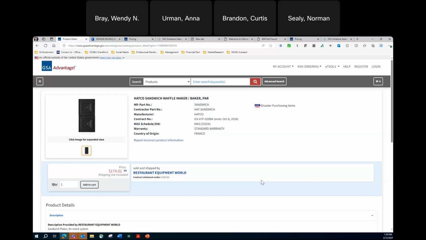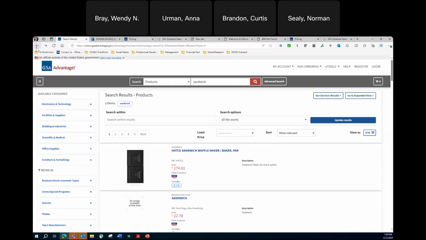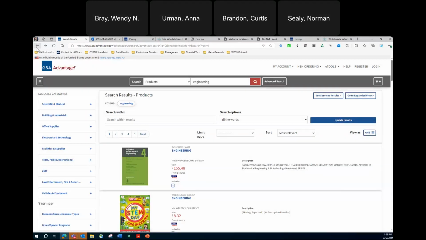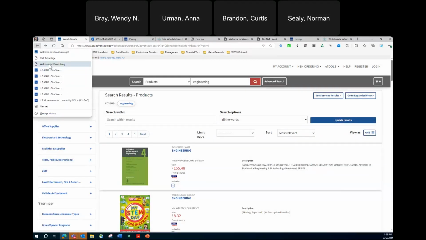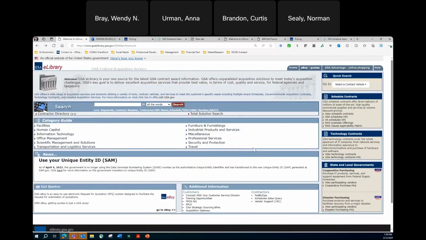Now, what we saw with GSA eLibrary, those pre-negotiated rate tables and those contracts, that is what's available. It's not necessarily what the bidder submitted, but what has been negotiated with GSA and presented as the final GSA schedule contract.